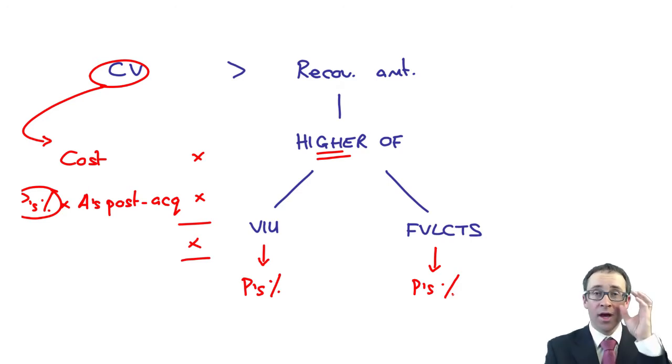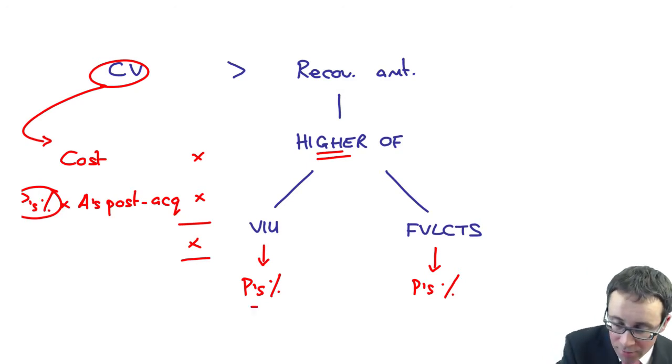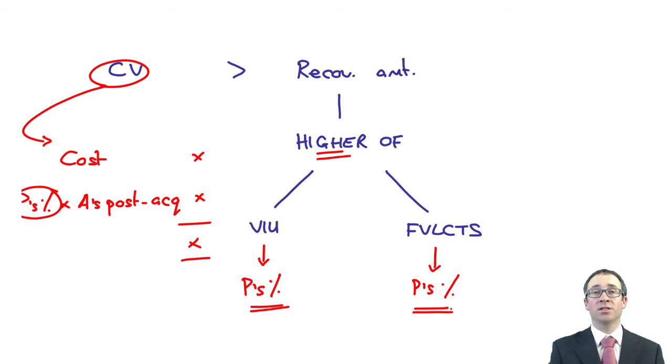Now, for both of those figures, we need to take our share so that we are comparing like for like. If we've taken account of our share within the carrying value, then we need to take account of our share within the recoverable amount. So it's vitally important that when you're given the value in use and the fair value less cost to sell, you take our share of it. Okay, that's it. And then once you've got the impairment, you just process the impairment.